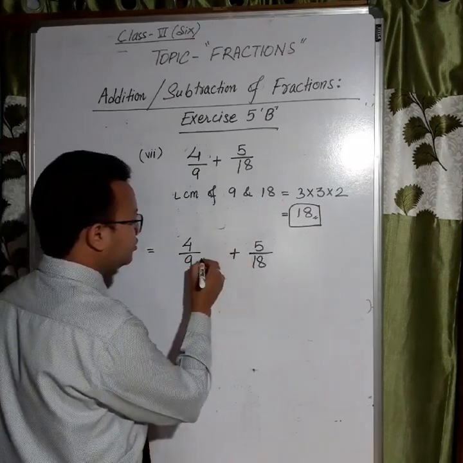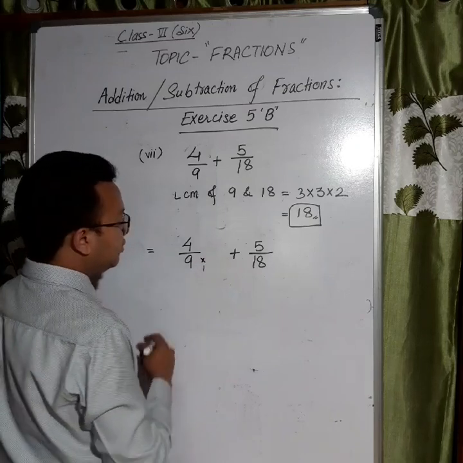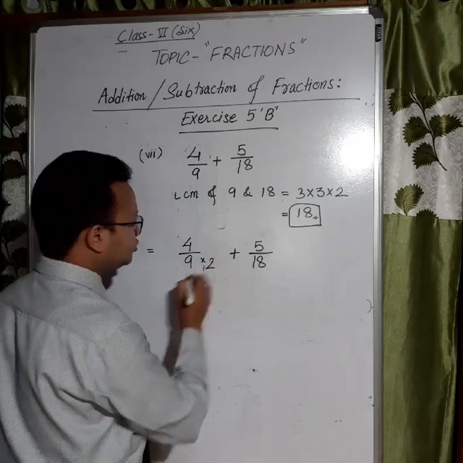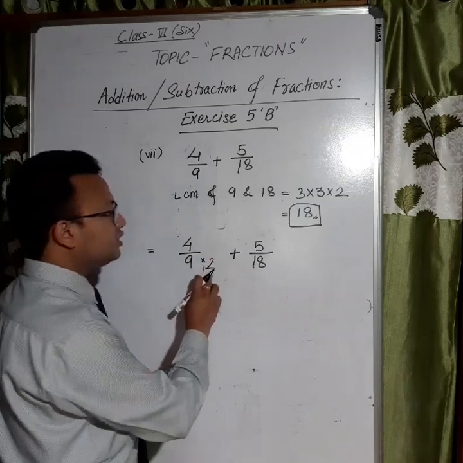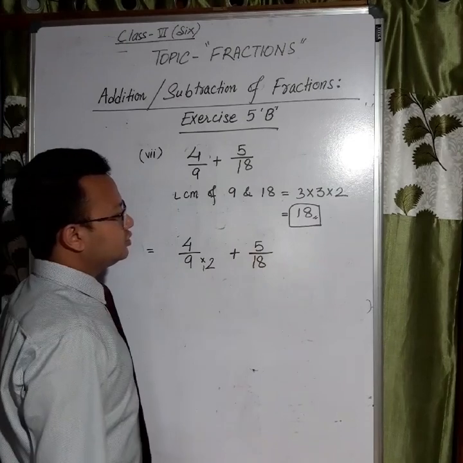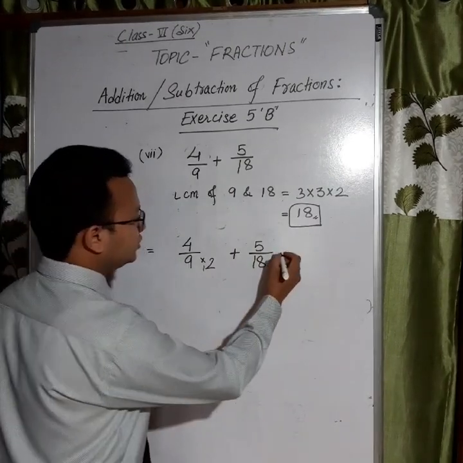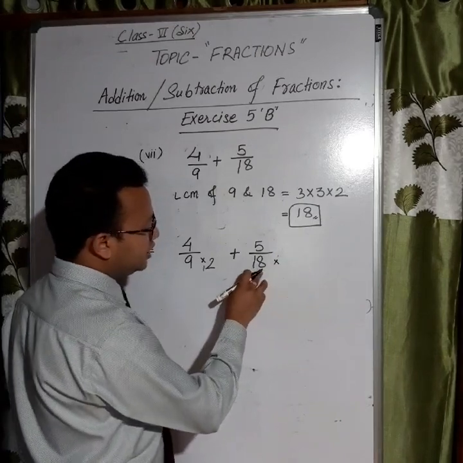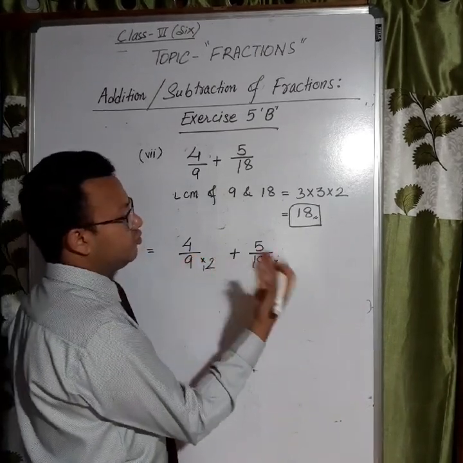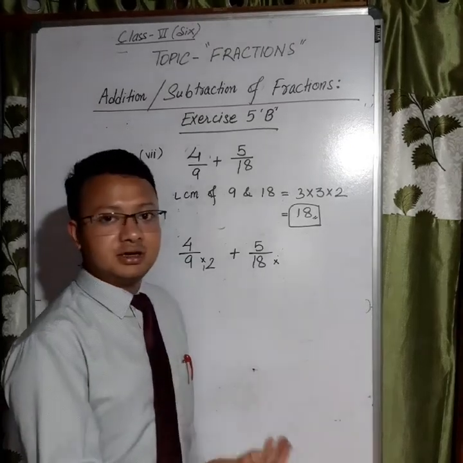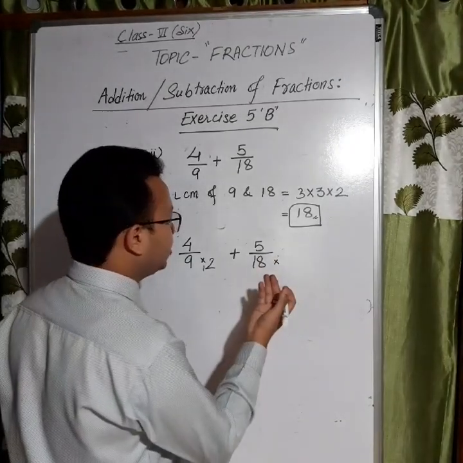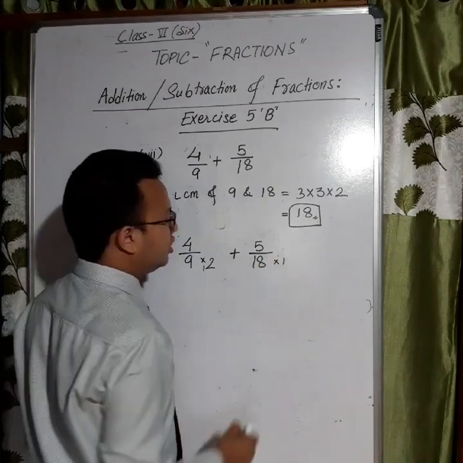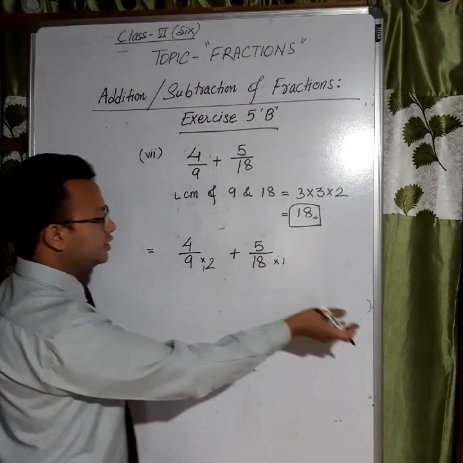You should multiply. By which number do you multiply 9 to get 18? That is 2, because 9 2s are 18. And in this case, since it is already 18, we are converting 18 to 18 itself. By which number do you multiply 18 to get 18? That is 1. So 18 1s are 18.